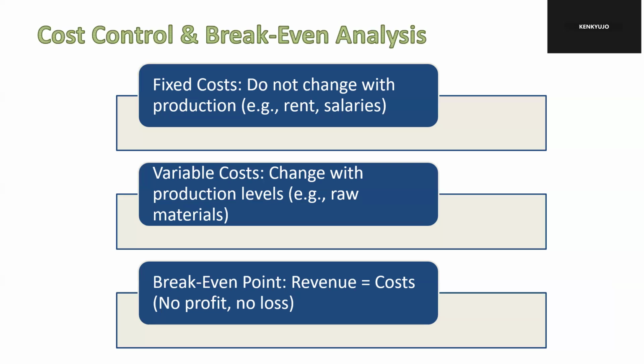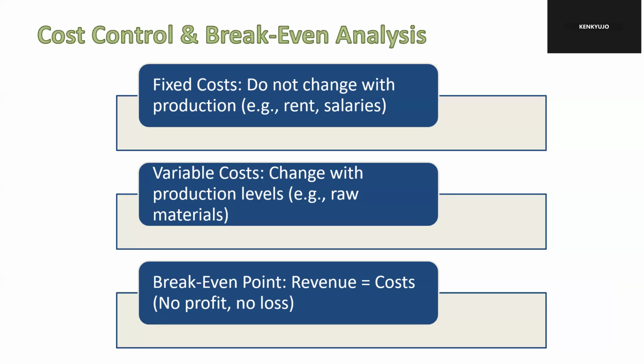Break-even point means simply that at any point where revenue equals the cost, that means no profit, no loss. That situation we call break-even analysis. No loss, no profit. That means revenue and the cost are 100% equal.